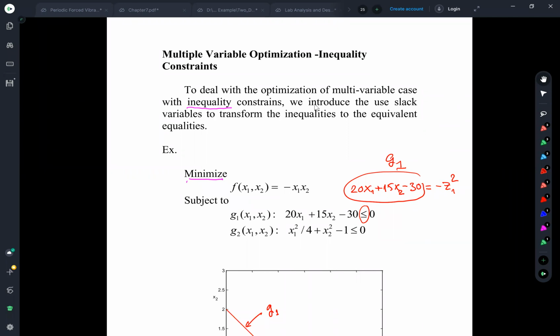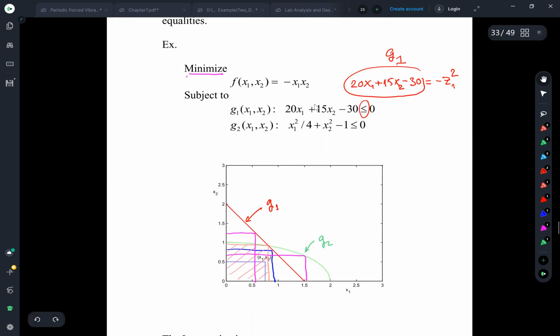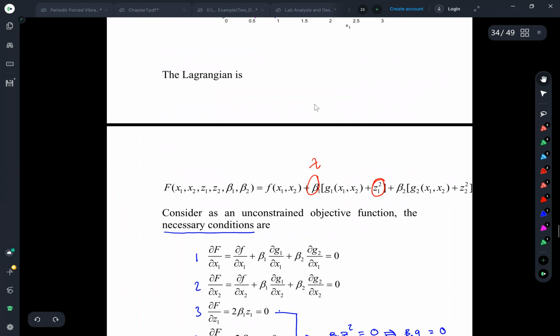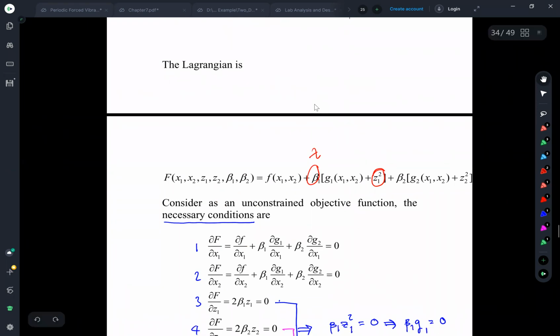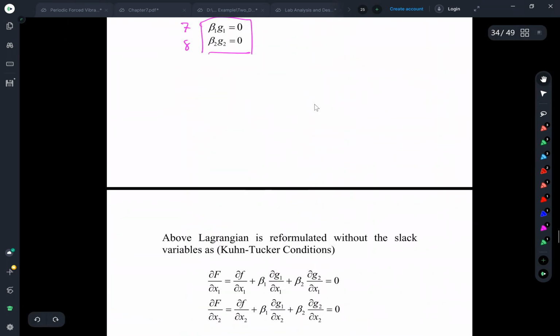And I think the idea behind it is to provide the slack variable, and you will end up with what they call the Kuhn-Tucker conditions, right?